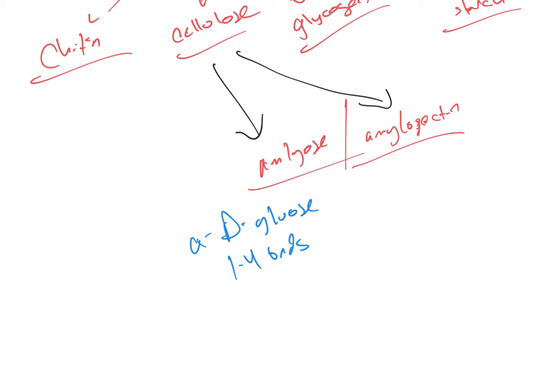So amylopectin is also alpha D glucose. Now everything we draw is D. We don't draw L. L is the mirror image. So amylopectin is alpha D glucose, and it's 1,4 bonds and 1,6 bonds.